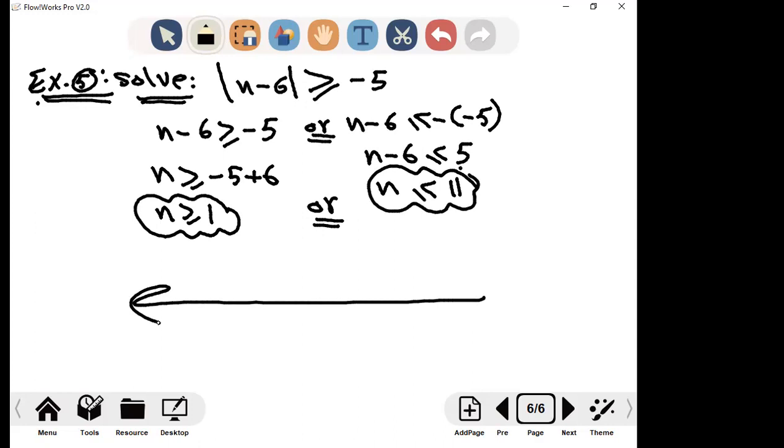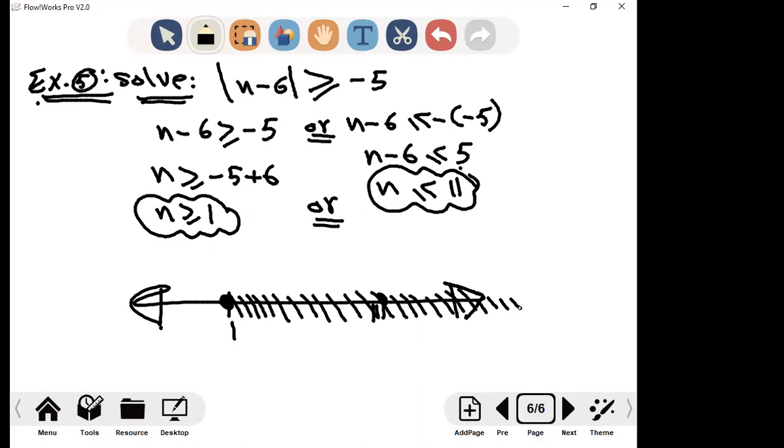Now come to the number line and apply. 1 and what? 11. Both closed circles mean both are included in the solution, right? n is more than or equal to 1, all right?